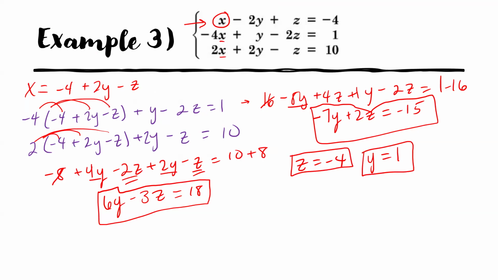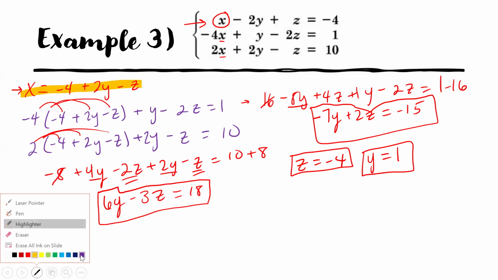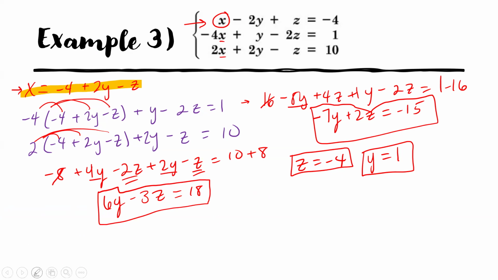Can I use that information now to solve for x? Yep. So I'm going to take that information and plug it in and solve for x. So we get x equals negative 4 plus 2 times 1 minus negative 4.